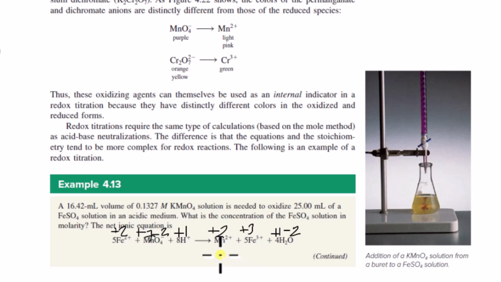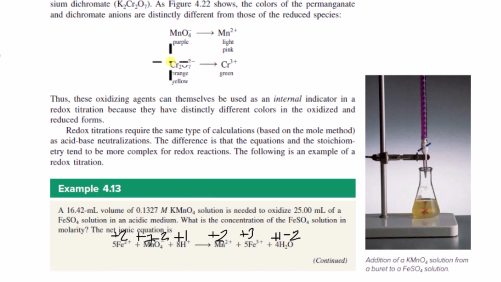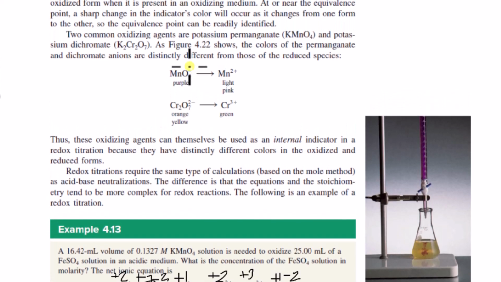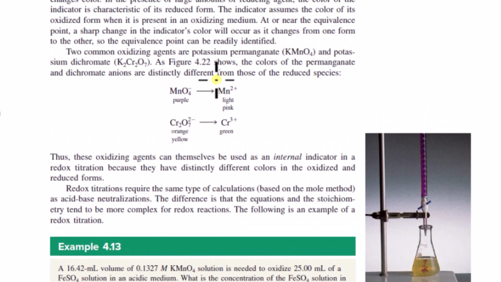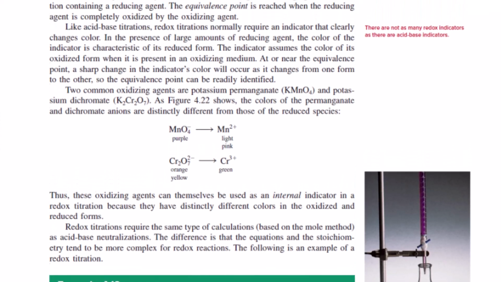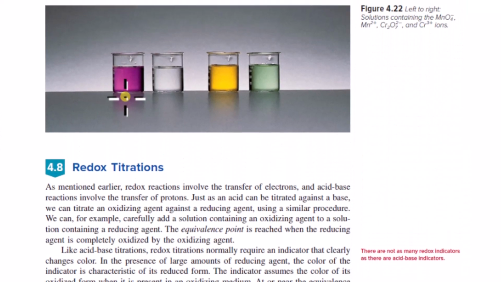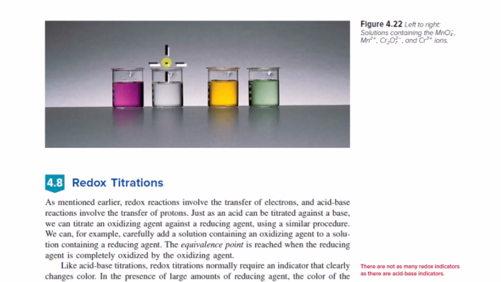Okay, so keep that in mind. Mn2+ and Fe3+ ions in aqueous solution is colorless, or at least close to colorless, nearly colorless. Right, so like we talked about here, it said that dissolved permanganate is purple, but Mn2+ is light pink. Well, if you look here, there's the purple they're referring to, and there's the light pink they're referring to.